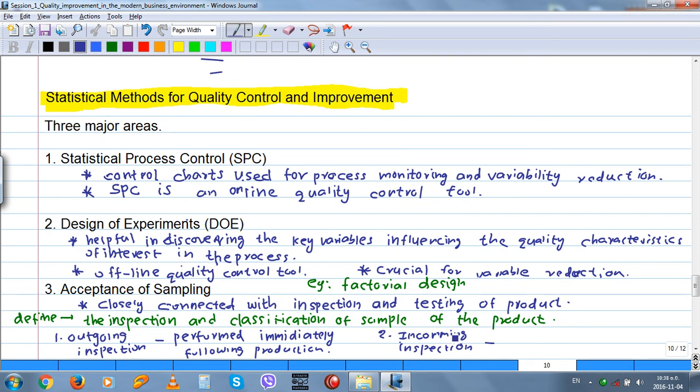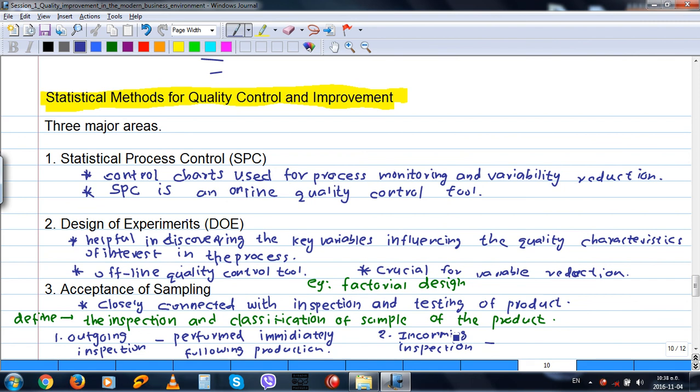It means as soon as it is received from the supplier. So incoming means before using in production.